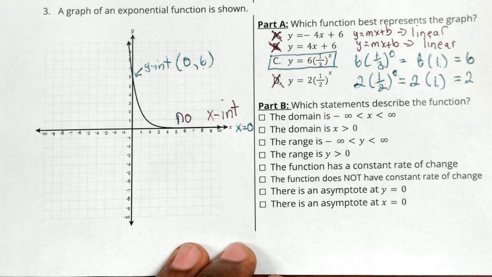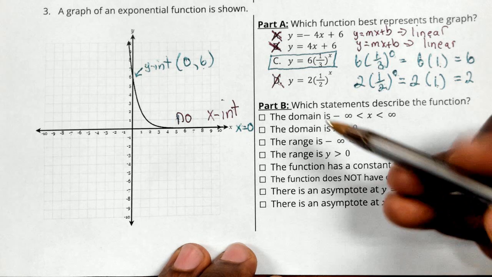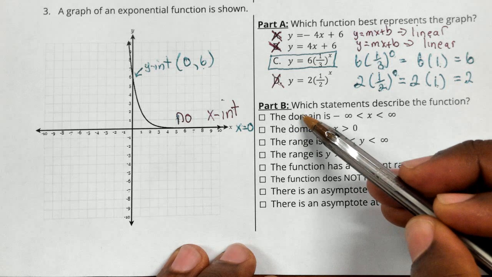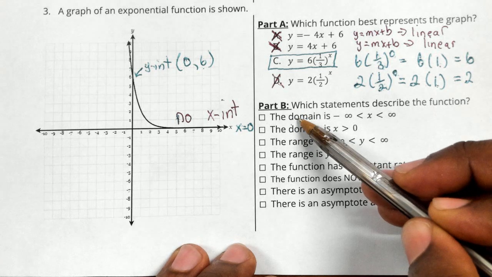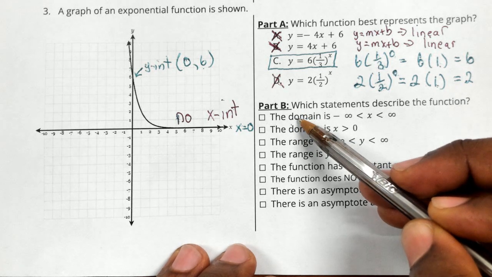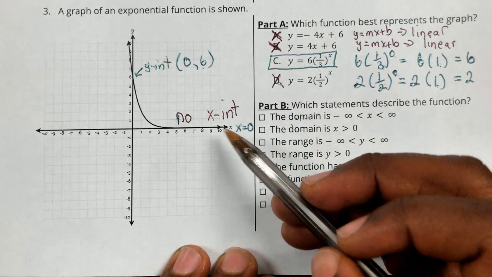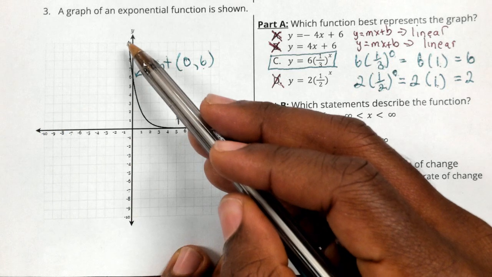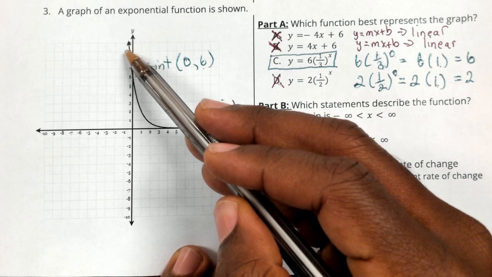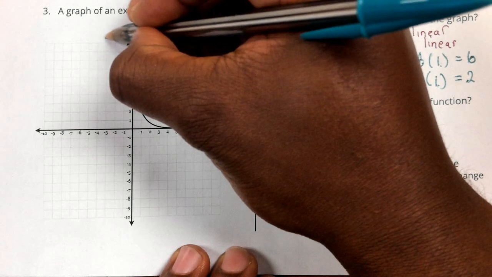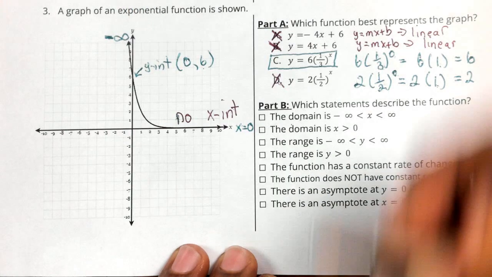Now let's identify the statement that will be represented for the domain. You know that domain is the x values, so to look at my x values I'm looking from left to right. If I look from the left on my graph, I see an arrow, which means I would technically be starting at negative infinity.